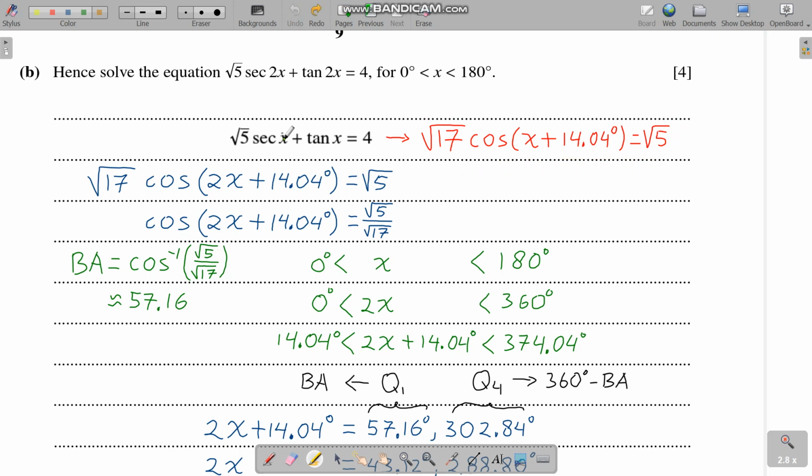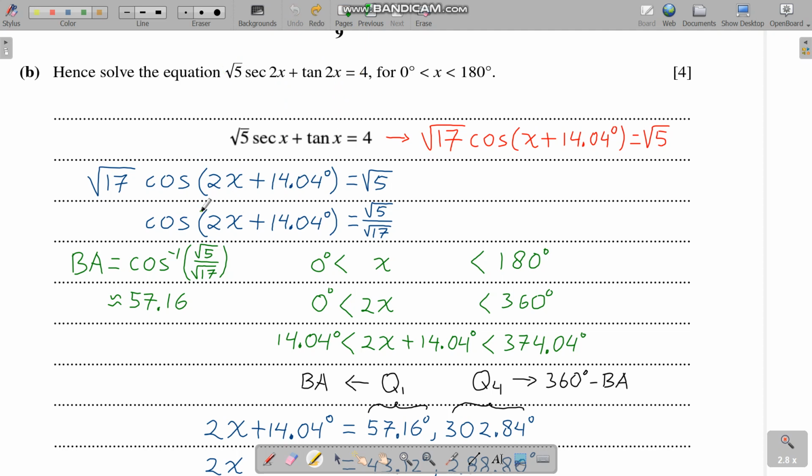So since this is x and this is 2x, of course we're going to have to adjust a little. So instead of x, we have to use 2x here. It's got to be 2x according to this question here.